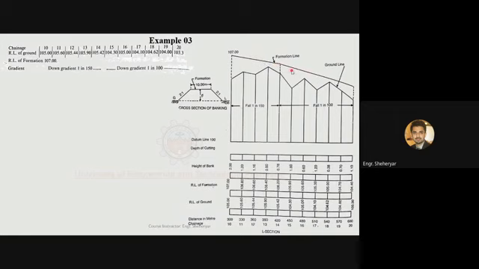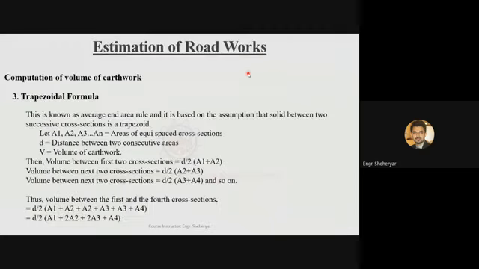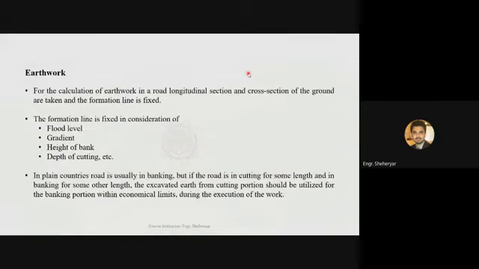So this is basically the formation level. Now the depth D is showing you this height or depth of filling or depth of cutting. So what should be the factors which should be considered while fixing the formation line?